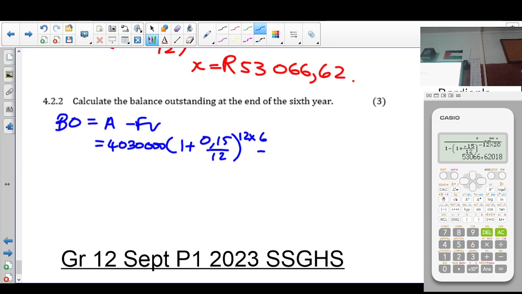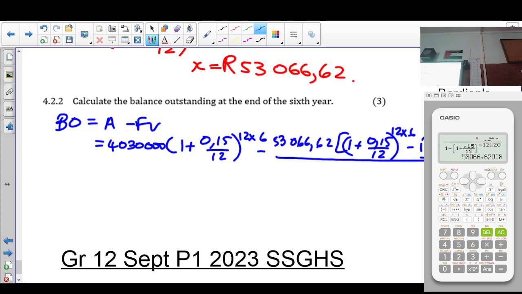You can consider all those payments for those 6 years to be an investment. So it's 53,066.62 into 1 plus i, which is 0,15 over 12, to the exponent 12 times 6, minus 1, all over i, which is 0,15 over 12.